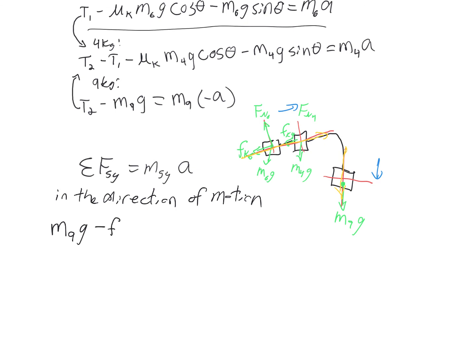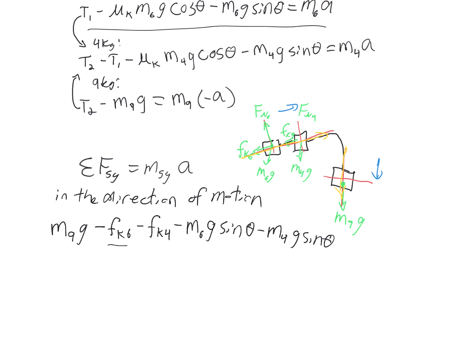So we'd have minus the force of kinetic friction on the 6 kilogram block, minus the force of kinetic friction on the 4 kilogram block, minus the x component of weight for the 6 kilogram block, and minus the x component of weight for the 4 kilogram block.